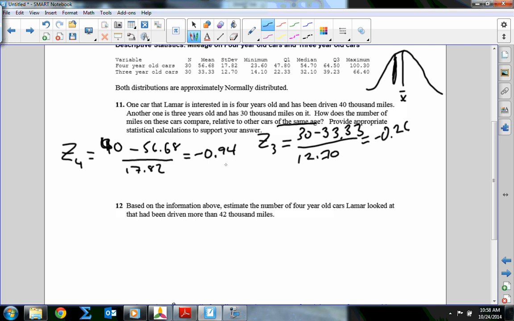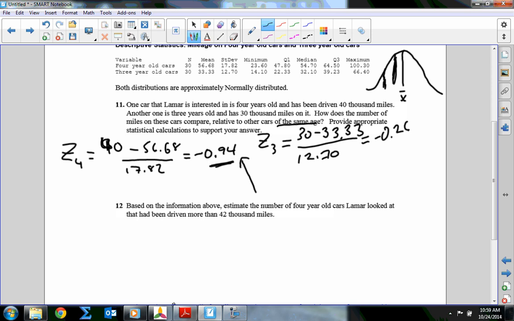But when you look at the 4-year-old cars, they're almost a whole standard deviation away, which means significantly less miles compared to the rest of their distribution. So this does much better compared to its fellow classmates. I guess we can use that word. They're in the 4-year-old class.